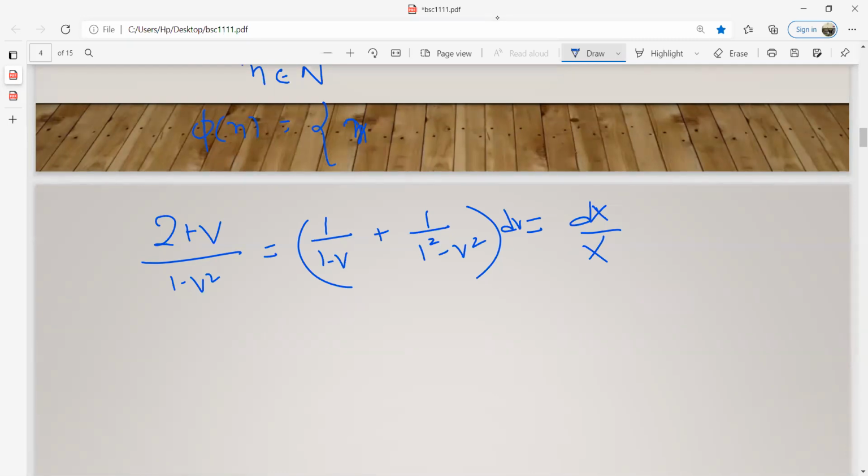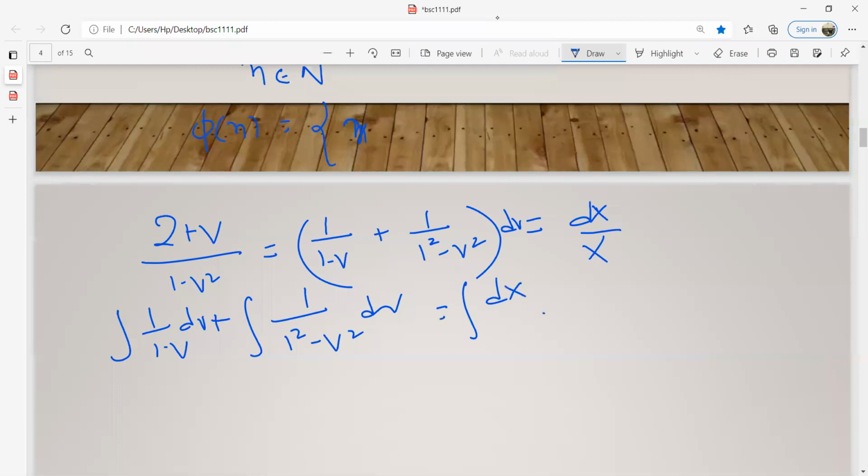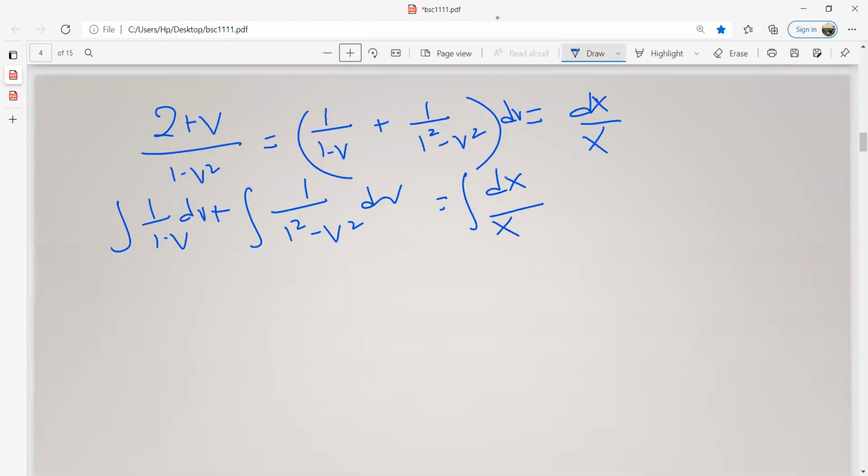After that, integrate this function. So here is the integration of 1 upon 1 minus v dv, here is the integration of 1 upon 1 square minus v square dv, and here is the integration of dX upon X. The solution of this is minus log of 1 minus v, plus here 1 by a, because we have to use this formula, a square minus x square.